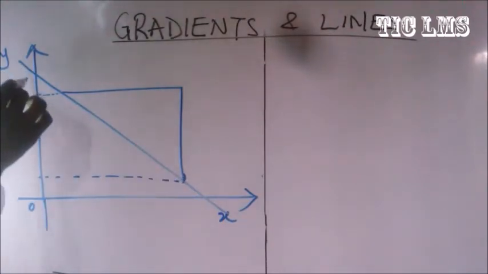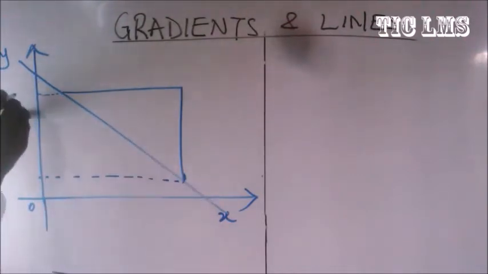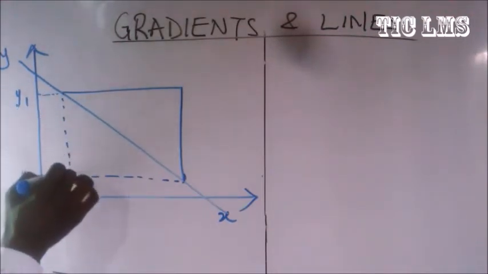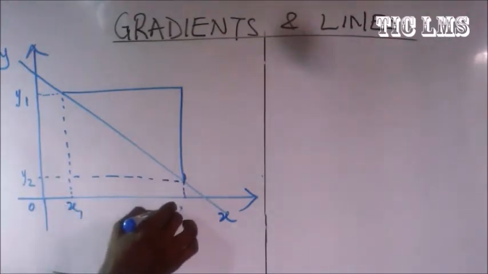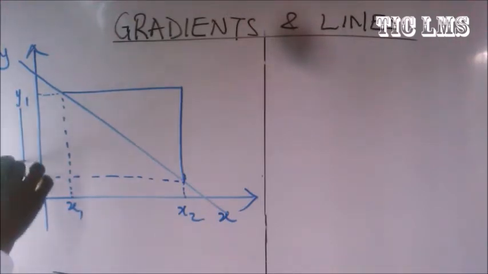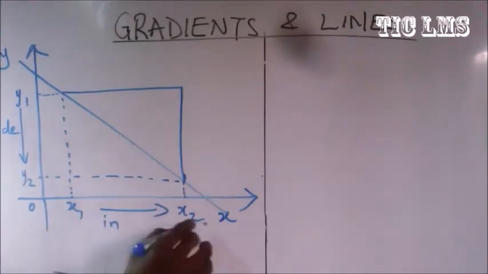Now you are saying that it started from here and then went in this direction, meaning that here is our y1 and then here is our y2. So for our x1, here is x1 and here is x2. So we would say that there's a decrease in y and there is an increase in x.